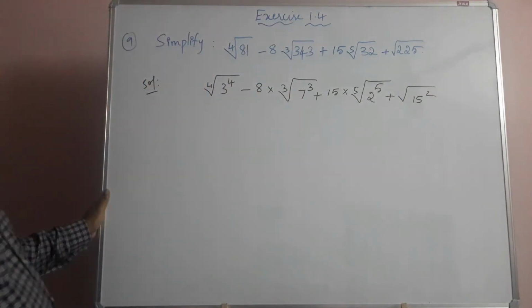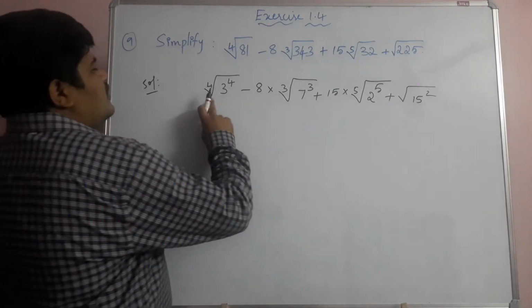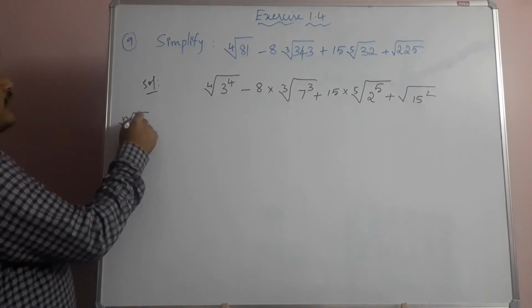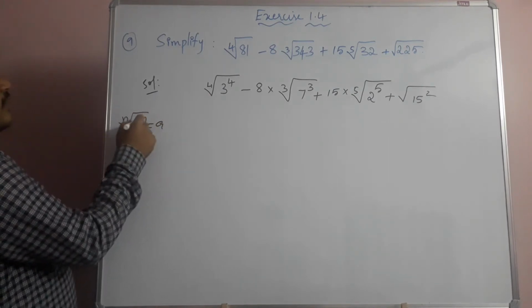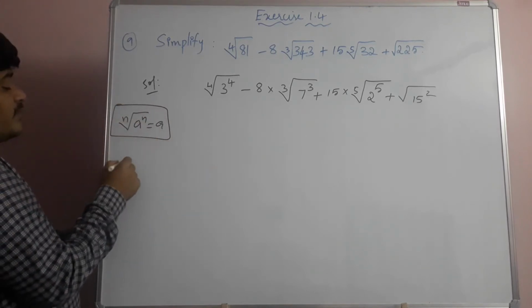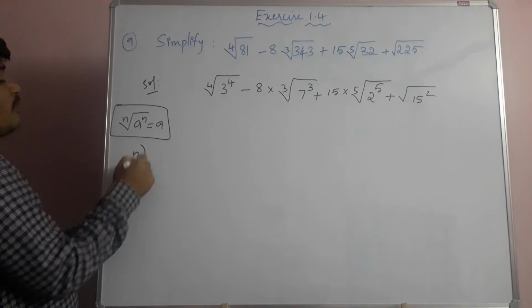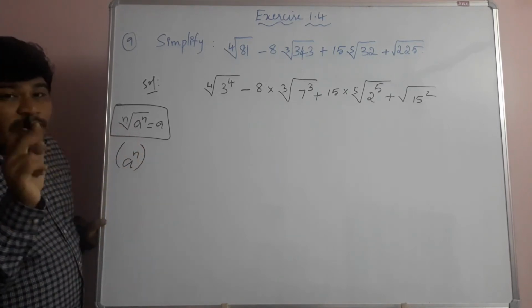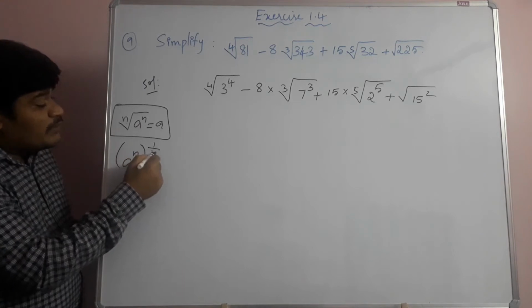Now students, nth root of a power n is a. Why? Because a to the power of n whole to the power of this nth root, in exponential form, can be written as whole to the power of 1 by n.